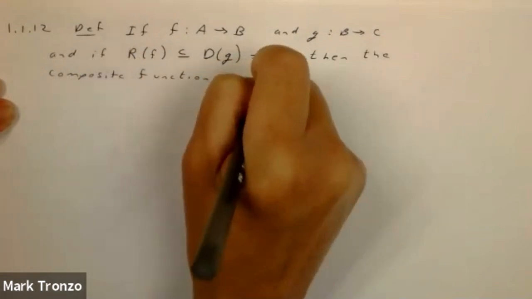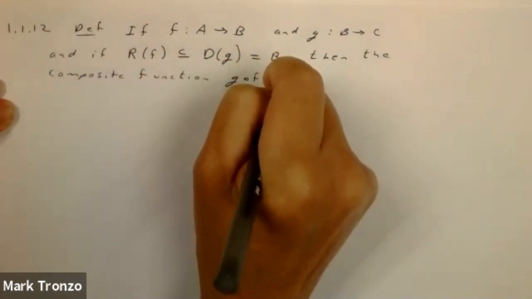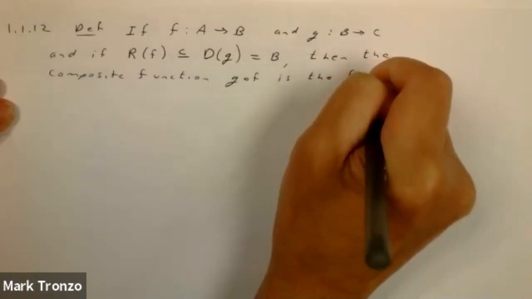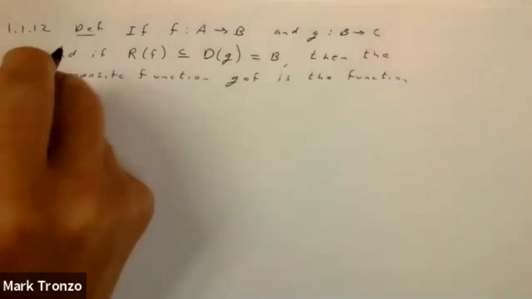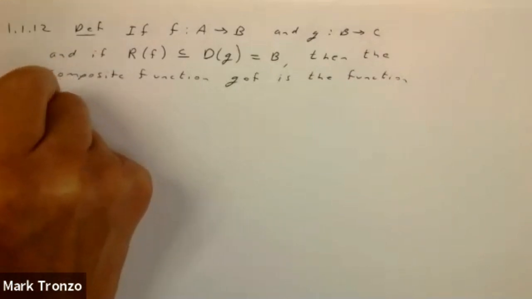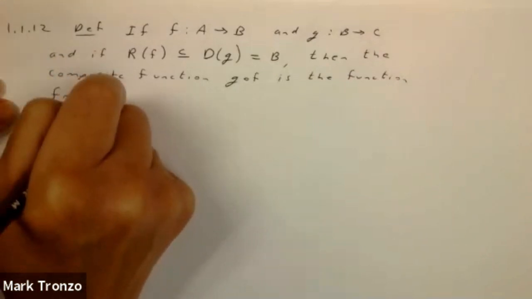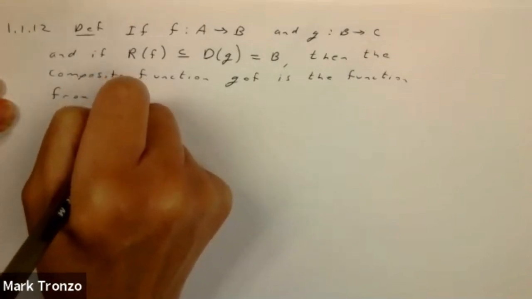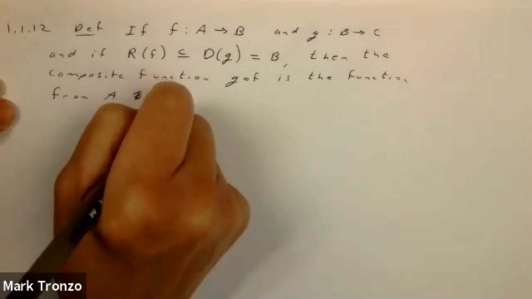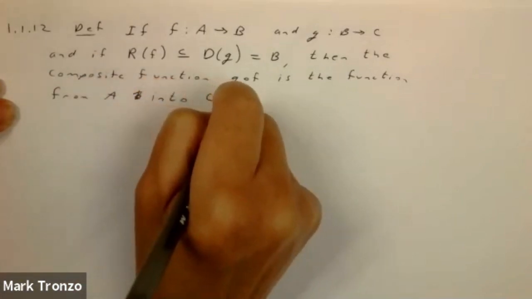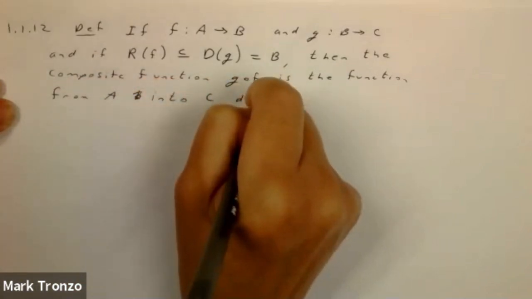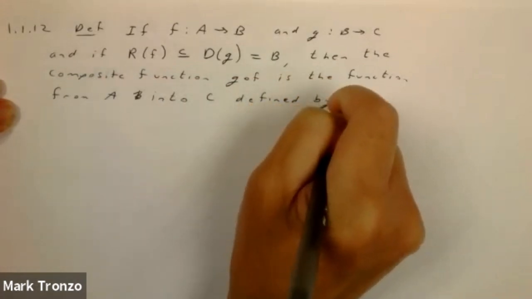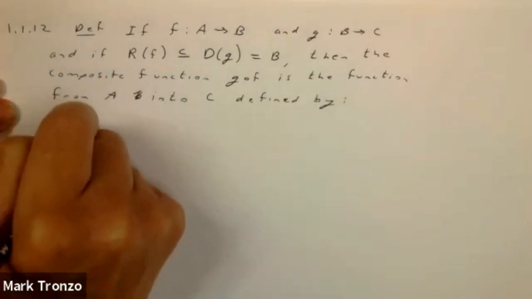g circle f is the function from A into C, defined by, again, we do the circle.